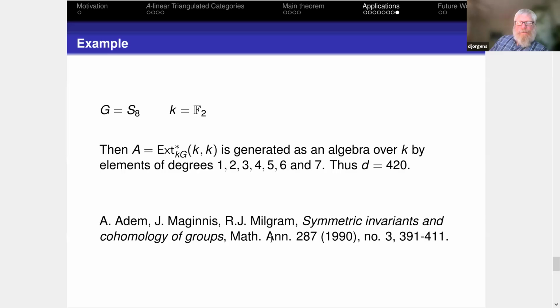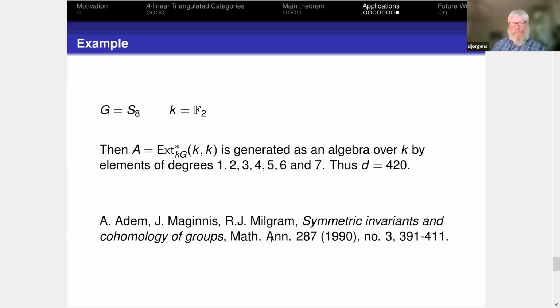Then it turns out that the cohomology ring in this case is generated as an algebra over K by elements of degree 1, 2, 3, 4, 5, 6, and 7.